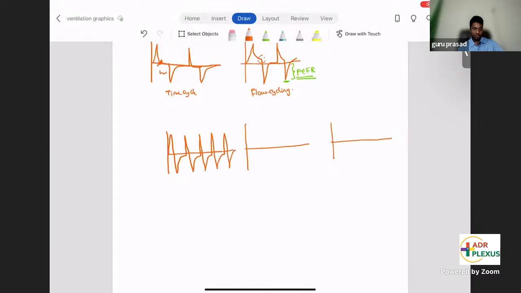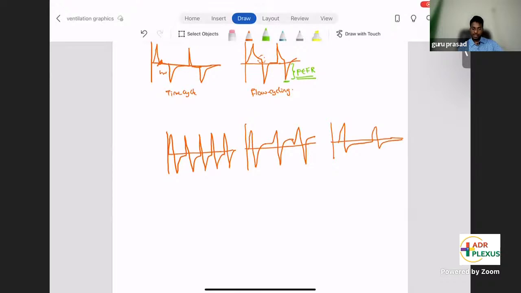This is one graph, second graph, third. So basically there are 3 graphs, and these are the examiners' favorite graphs.